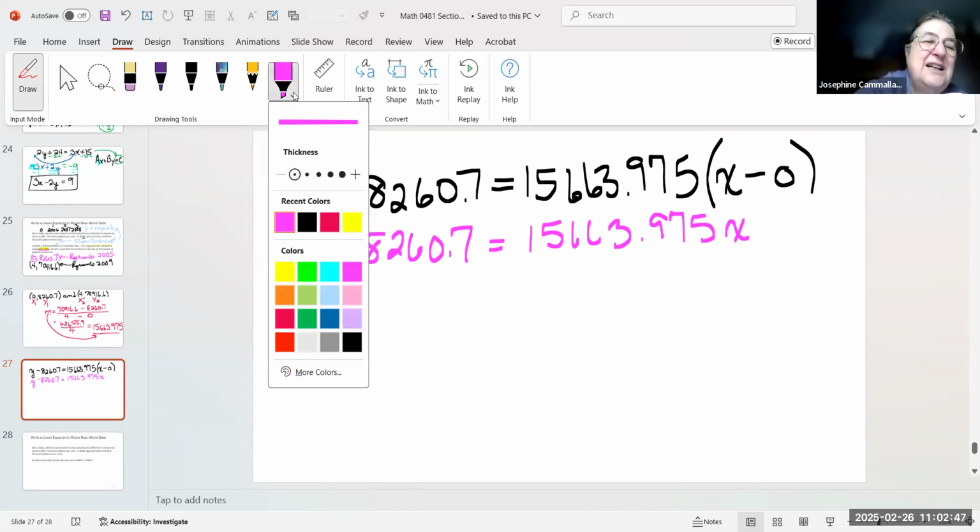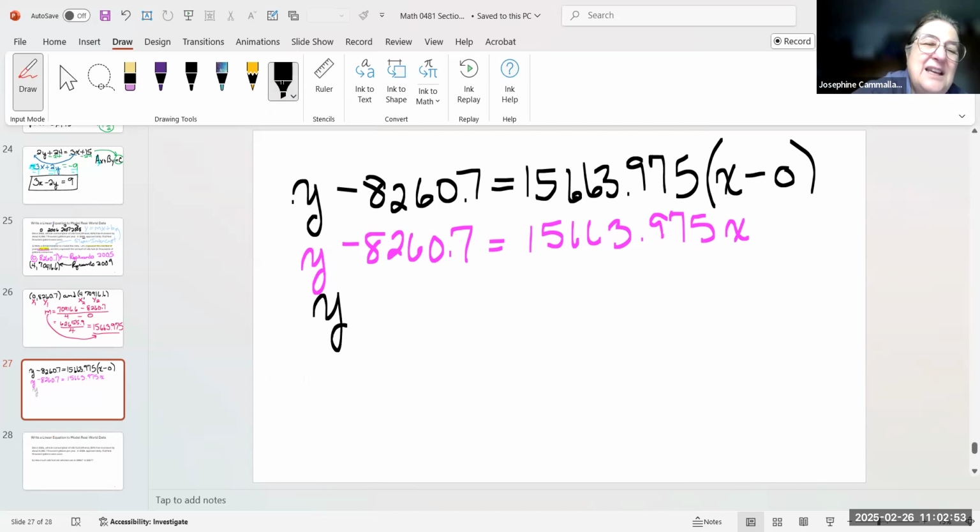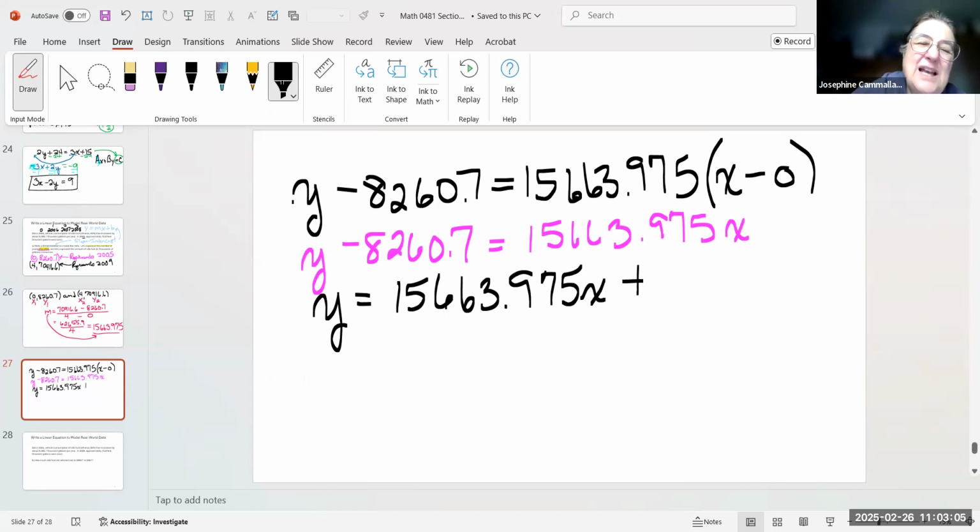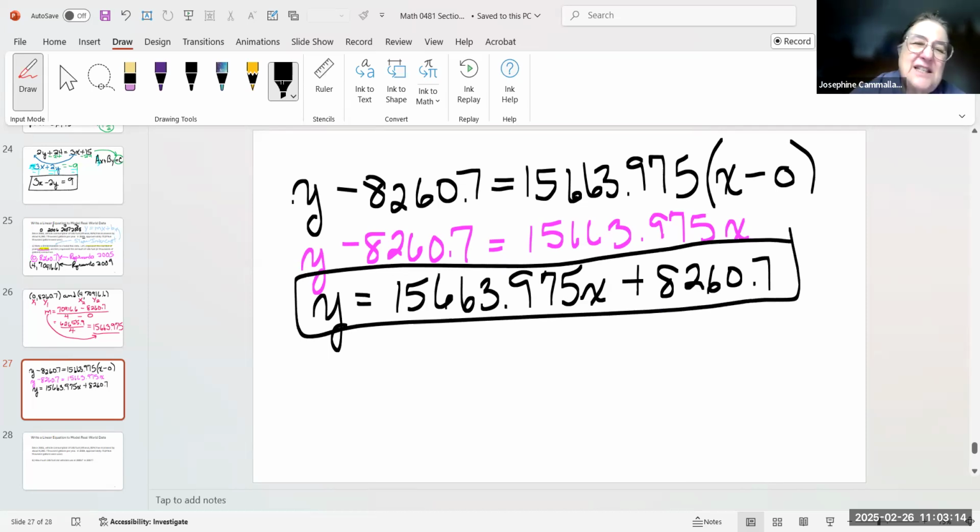Well, y is equal to 15,663.975x plus 8260.7. This is my equation.